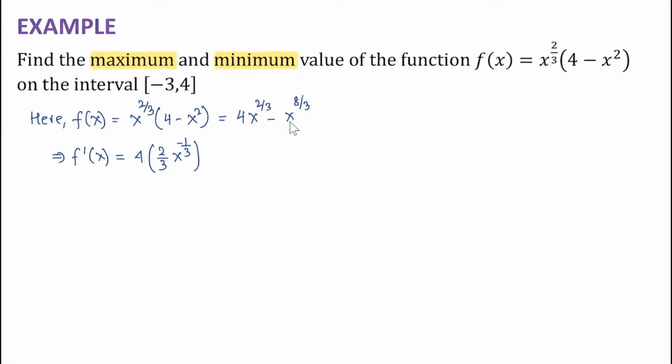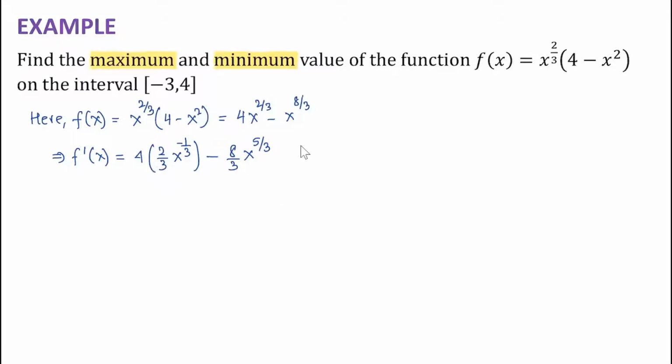Now here we use the power rule, so that minus 8/3 will come in front, and then we reduce the power by 1. So 8/3 minus 1 is 5/3.